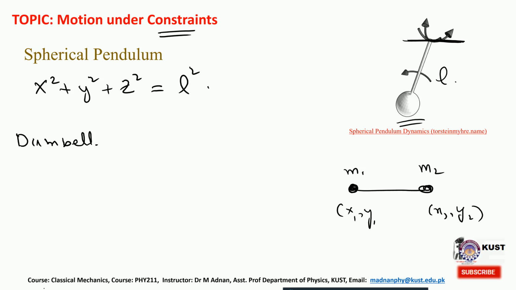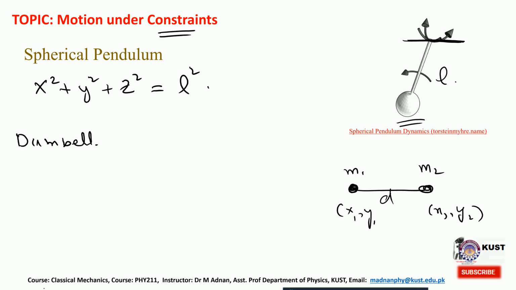Another thing is that if we have two masses connected through a rigid rod of length d, which is known as a dumbbell.